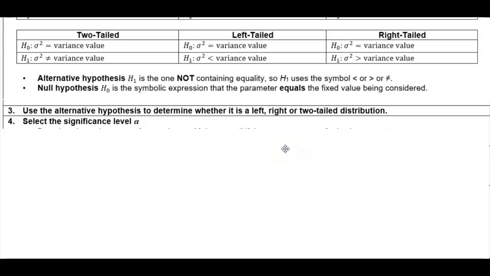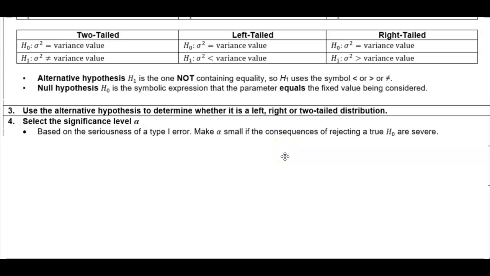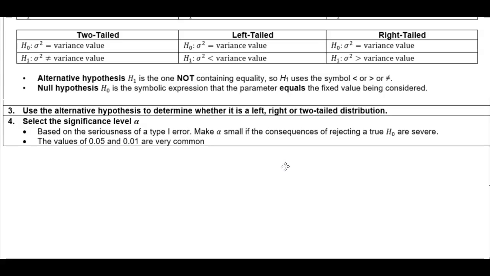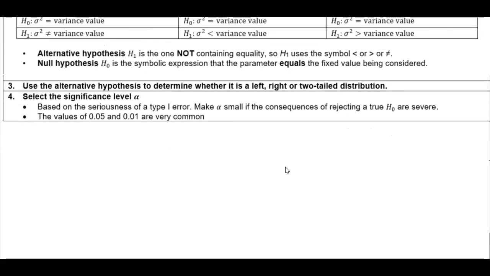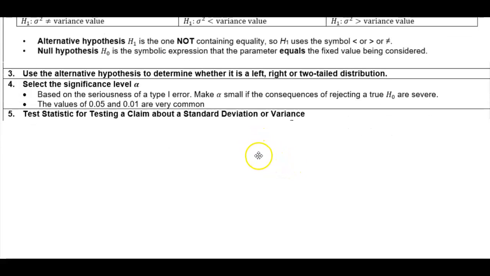Number four, you're going to select the significance level. Based on the seriousness of a type 1 error, make alpha small if the consequences of rejecting a true null hypothesis are severe, and the values of 0.05 and 0.01 are very common.